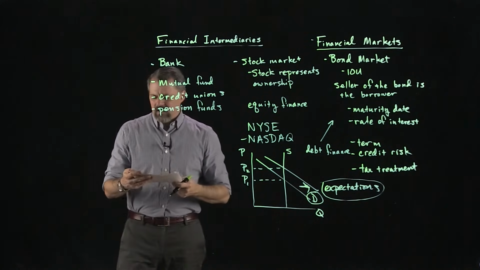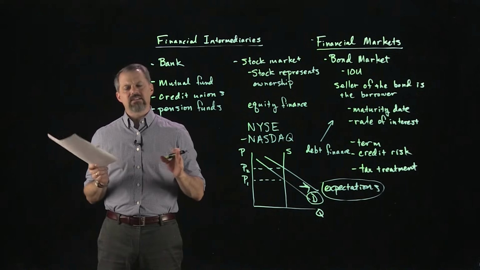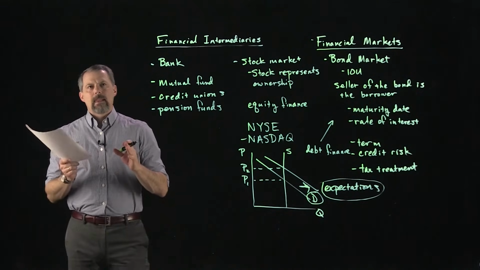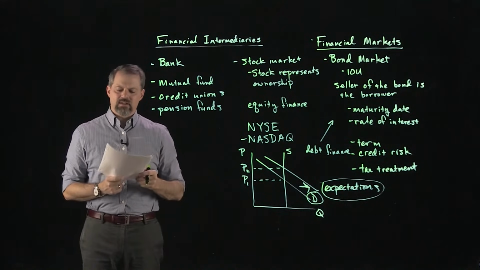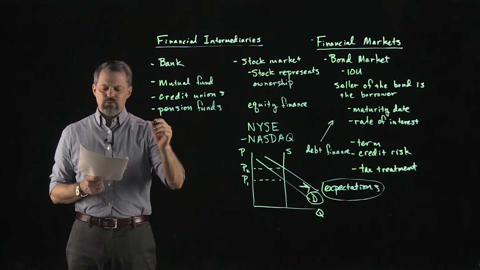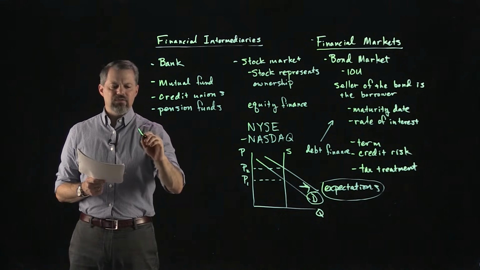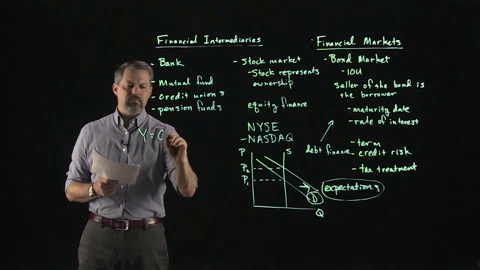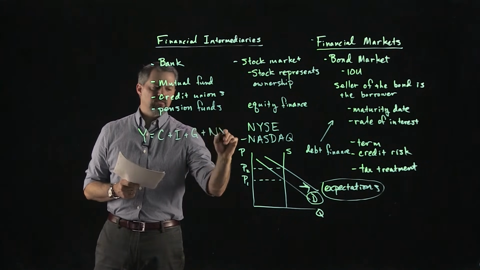Let's talk about the national income accounts. We've discussed that before, but let's think about what brings together saving and investment. If you think back to the national income identity, you've seen it before. It's Y equals C plus I plus G plus net exports.